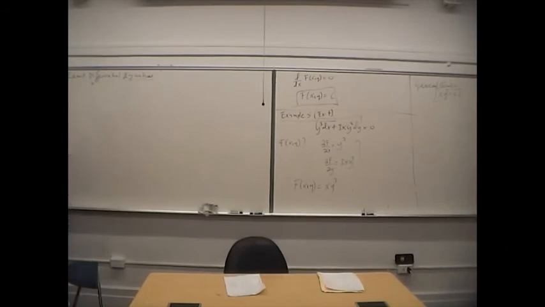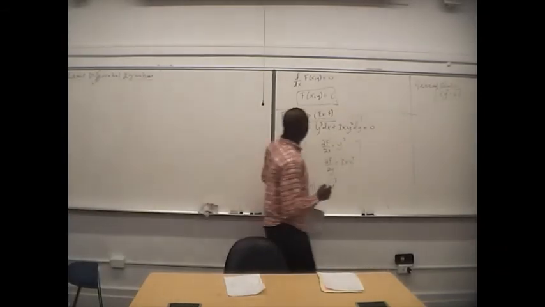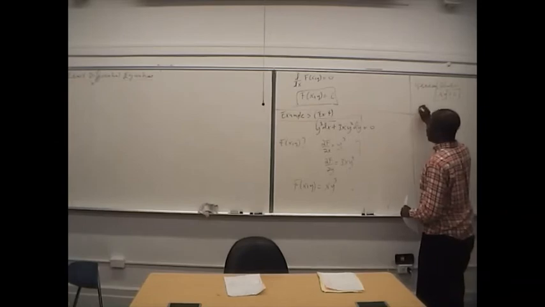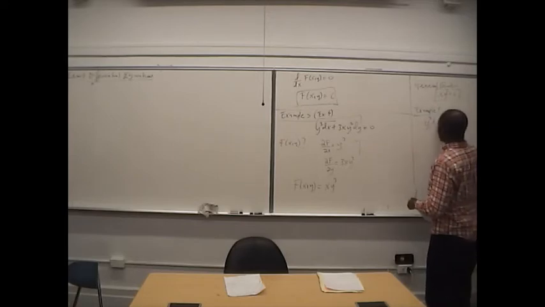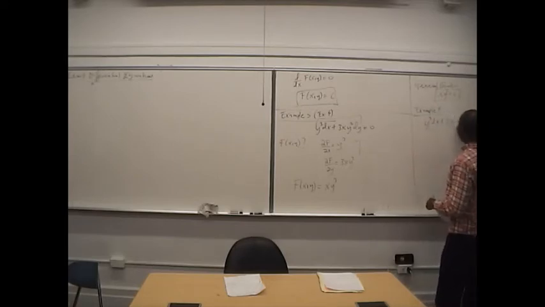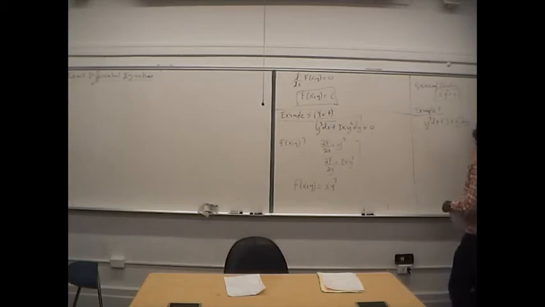So let's go back. So still on example 5, we have y cubed dx plus 3x y squared dy equals 0.